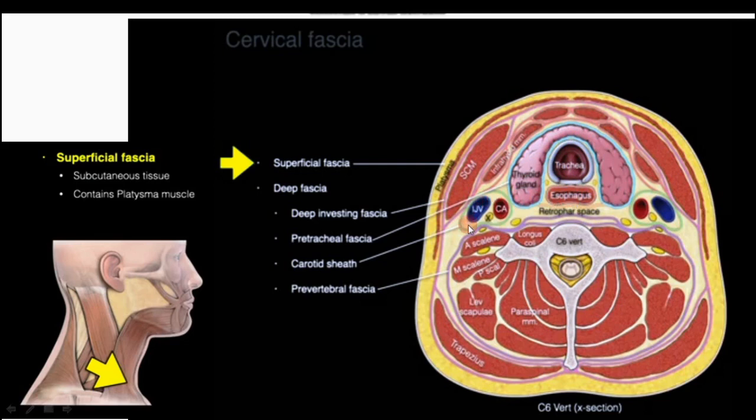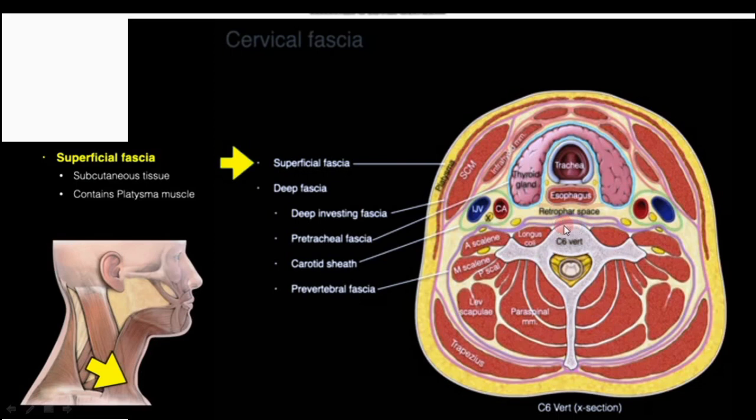Here we can see the carotid sheath, enclosing the vagus nerve, jugular vein, and carotid artery. Posterior to the esophagus is the retropharyngeal space, and this is the body of C6 vertebra.